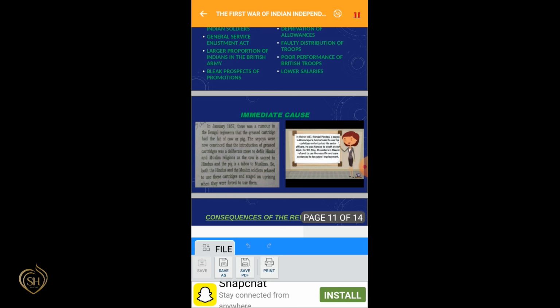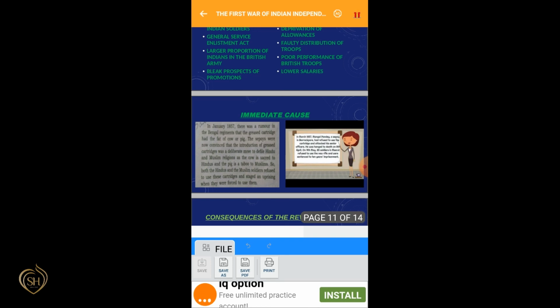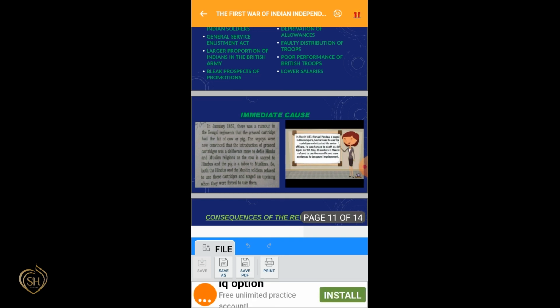Because of this reason, Hindu soldiers refused to use this because they considered the cow a sacred animal. And the Muslim soldiers refused to use this because they considered the pig a taboo. And this incident was the immediate cause of the uprising.